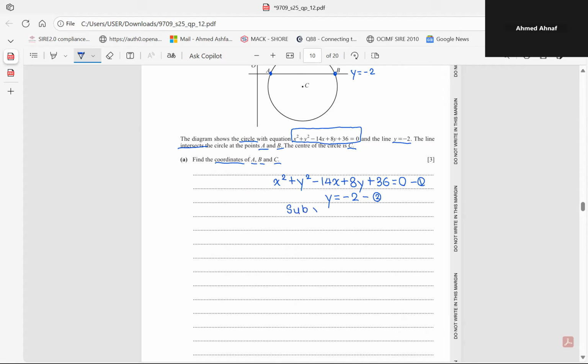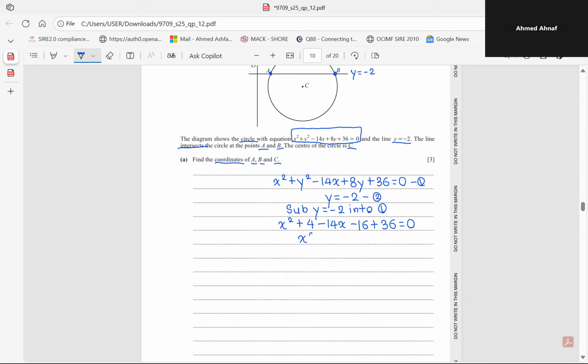So let's substitute y equals -2 into 1. So we'll get x squared plus -2 squared, so 4, minus 14x plus 8 times -2, so -16, plus 36 equals 0.